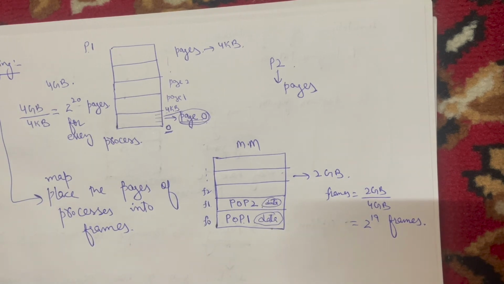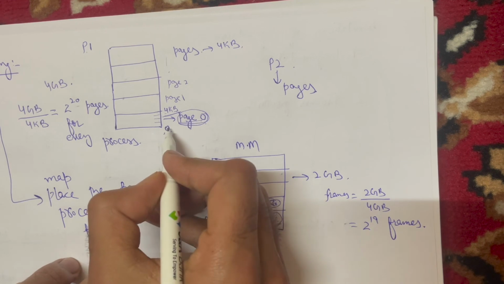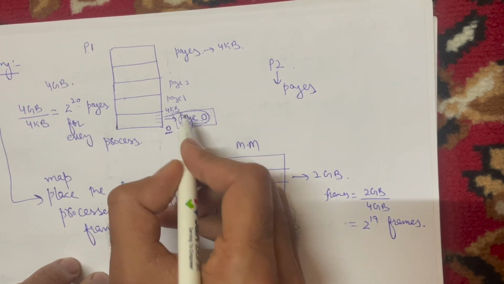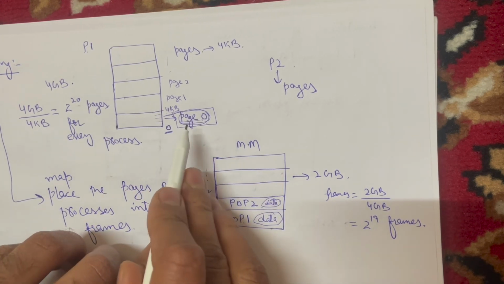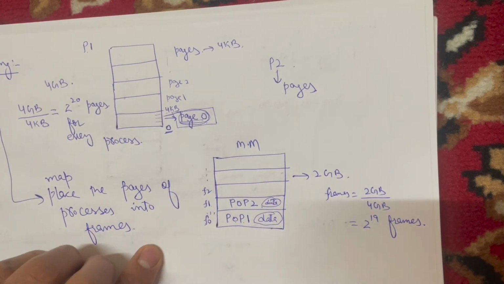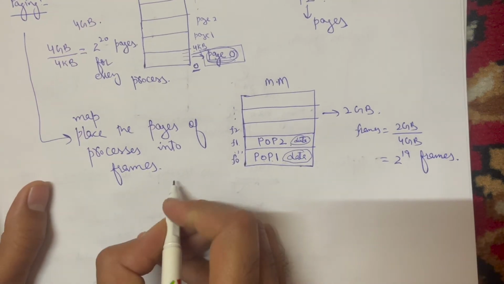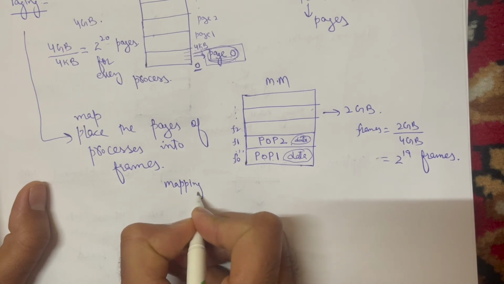Fine. Now one thing we have to store is where this page 0 of process 1 we have stored, or we can say to which frame we have mapped it. That particular information is again stored in a table which is called a mapping table.